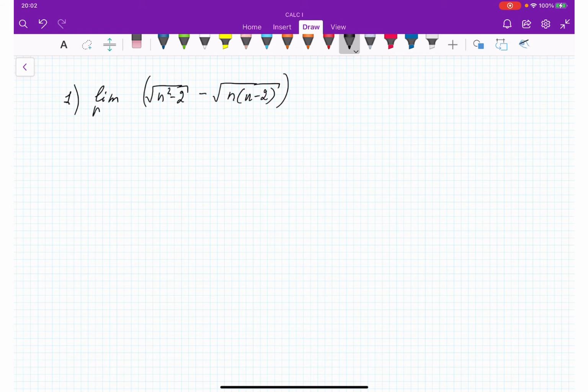So we have an indeterminate form of type infinity minus infinity.